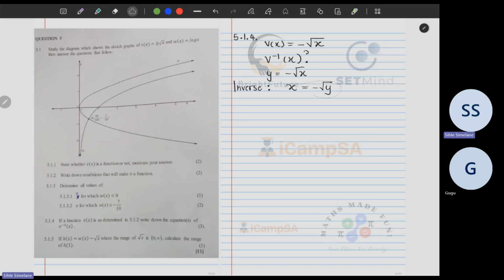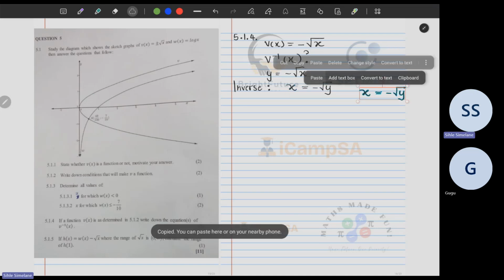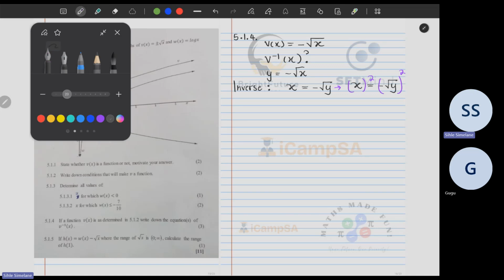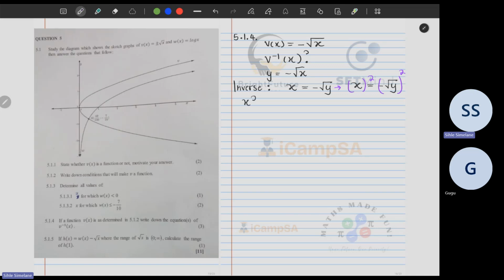So let's copy this and just put it here, and all we are going to do is square that side and square that side. Then what we end up having is x squared equals y. That is what we have. So our inverse becomes x squared, like that.